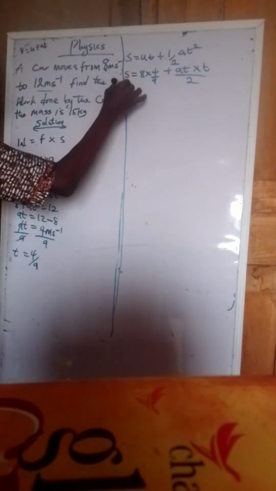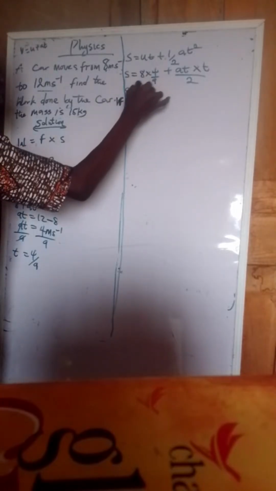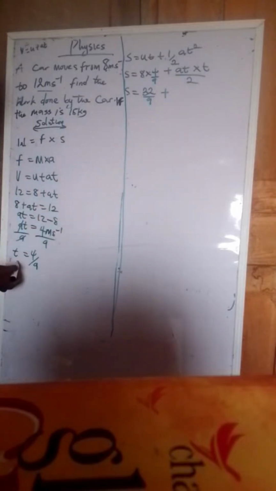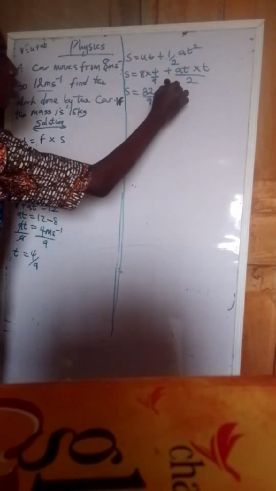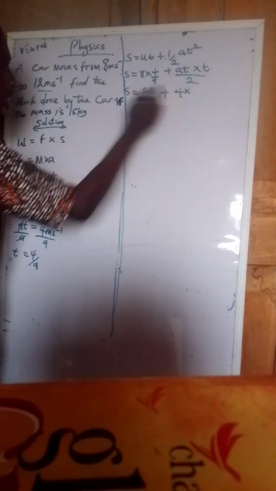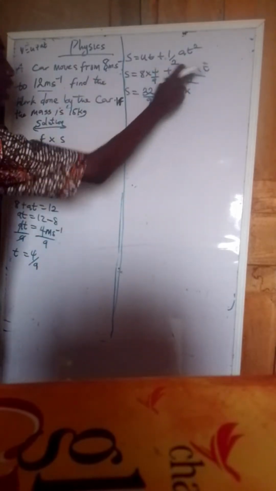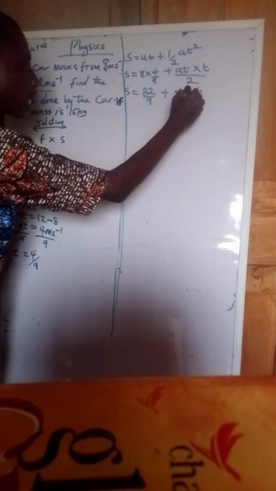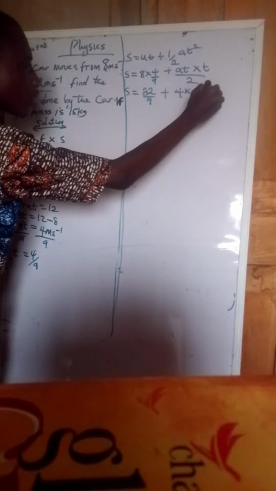Now, x is equal to 32 over a plus at. Our at is 4 times, now this is our t, which is 4 over a, everything divided by 2.